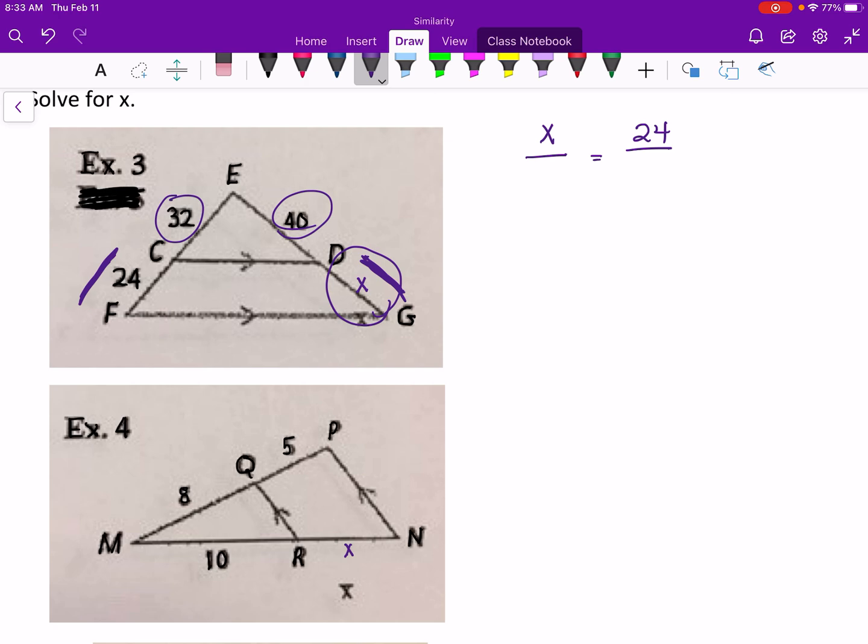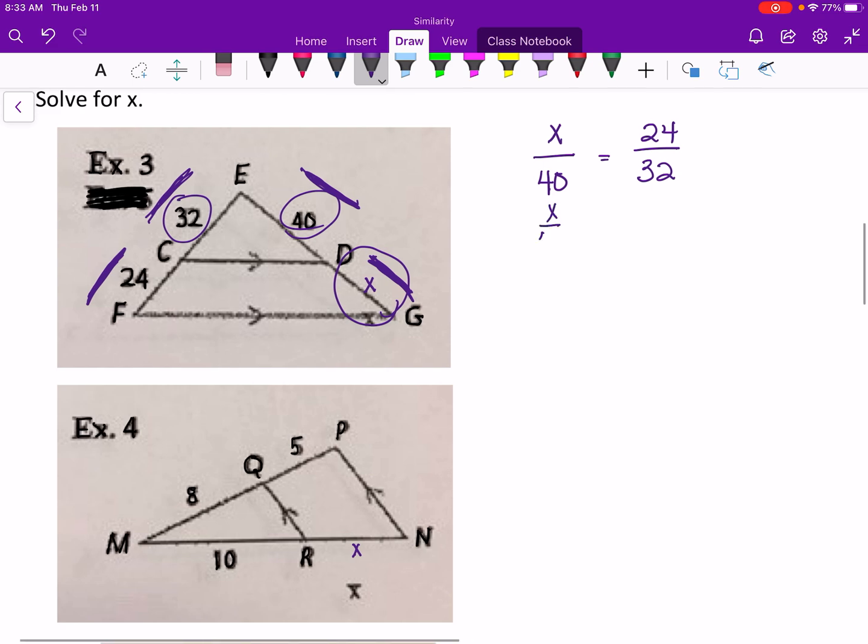The 40 is the top part of the right-hand side, so I'm going to put it under the x, and its corresponding part, the 32, is going under the 24. Notice 24 and 32 are both from the left-hand side. The x and the 40 are corresponding positions from the right-hand side. And then we solve it. Do remember that you can reduce fractions.